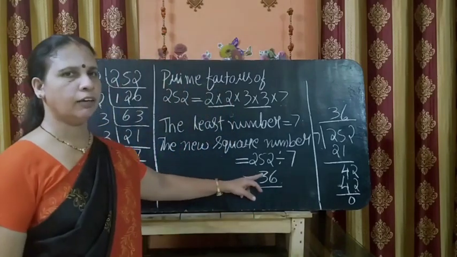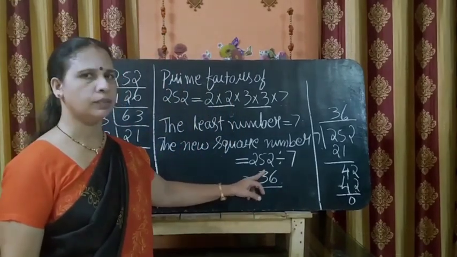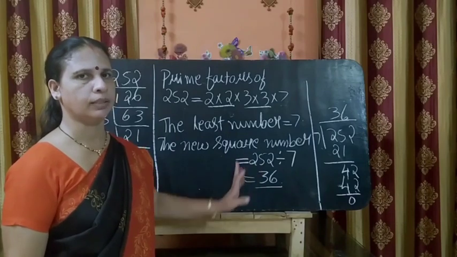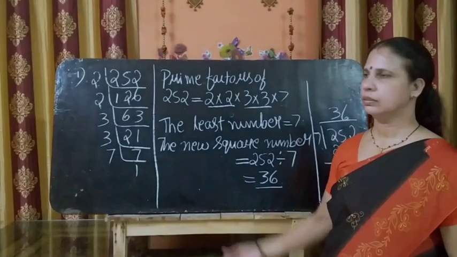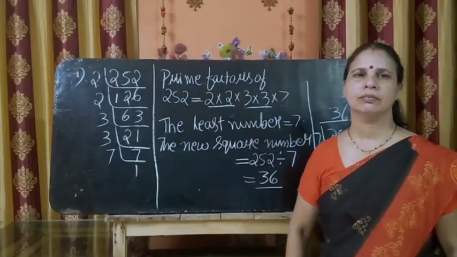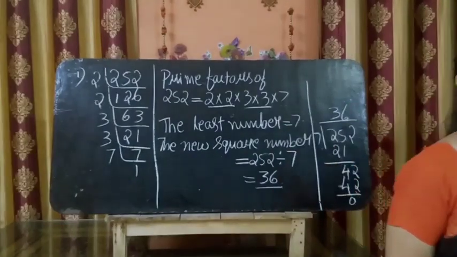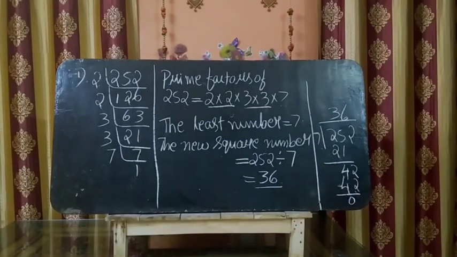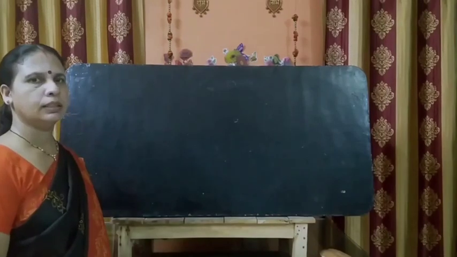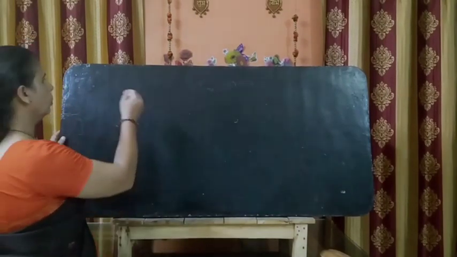After that, we have to find the square root of this new square number. Copy it. Next, we have to find the square root of 36.